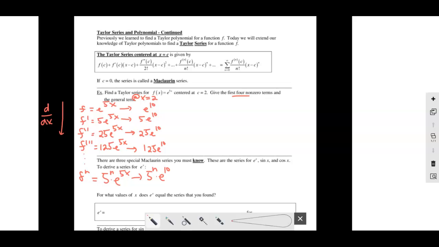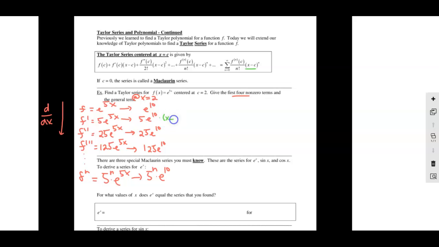Now we need to tack on the stuff that we need to tack on, right? We're going to need the x minus c piece and then the factorial piece. It's really multiplying. So that one's going to be multiplied by x minus 2 to the 0th power over 0 factorial. But x minus 2 to the 0 power, that's 1. 0 factorial is also 1. So for that original function, the n equals 0 term, we literally don't need to tack on anything. But everything else we will.